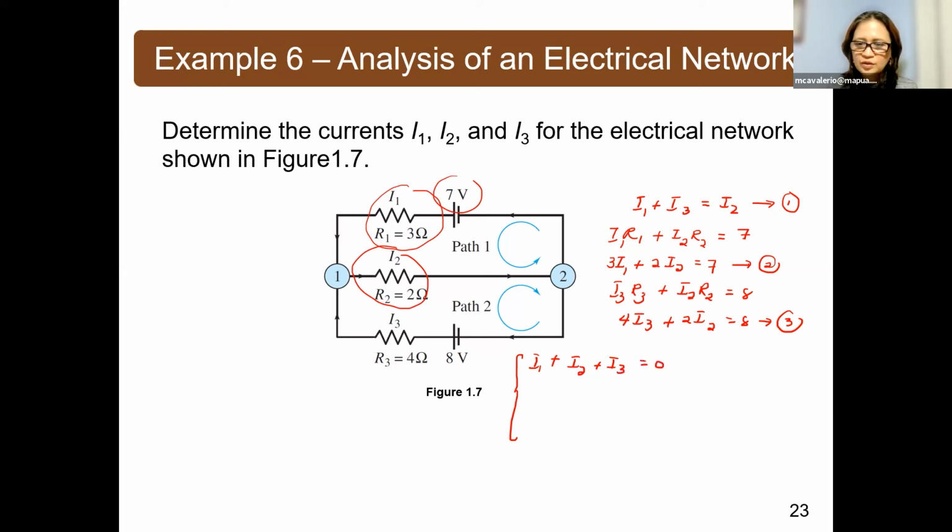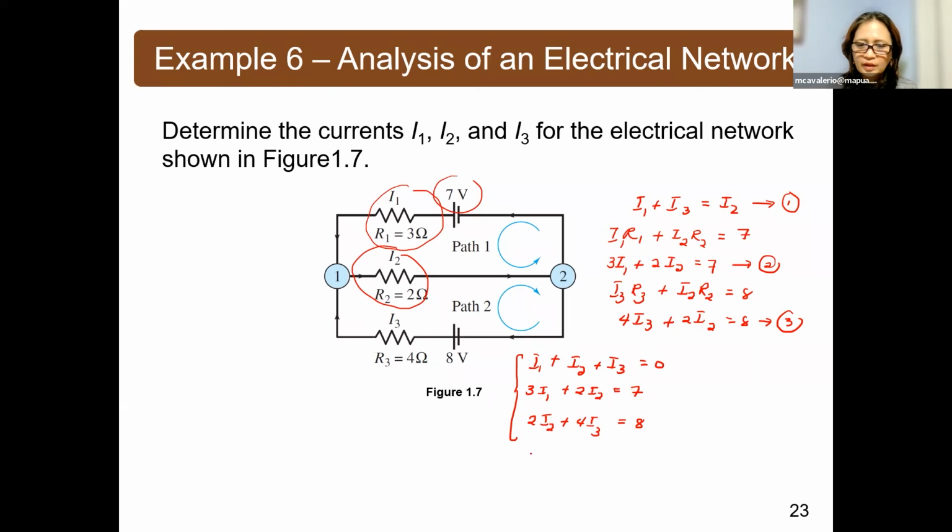And then for equation 2, we will have 3I1 plus 2I2 equivalent to 7. And we will have here 2I2 plus 4I3 equivalent to 8.